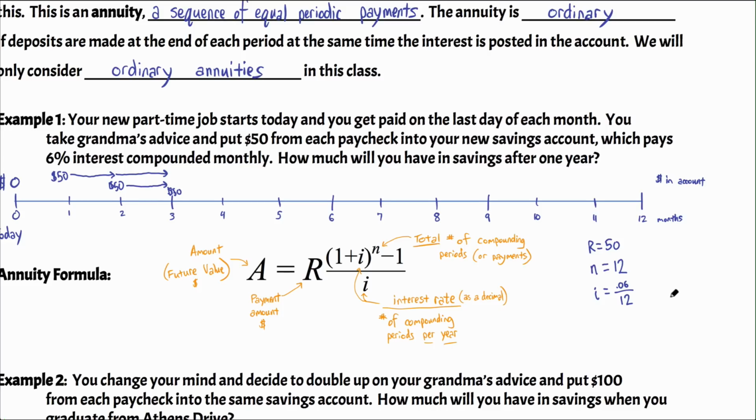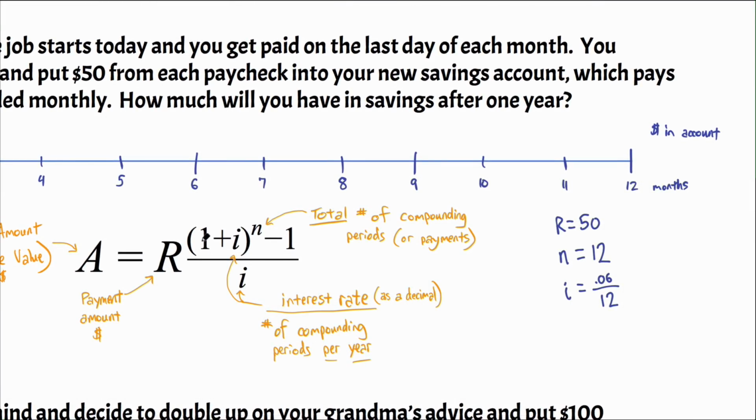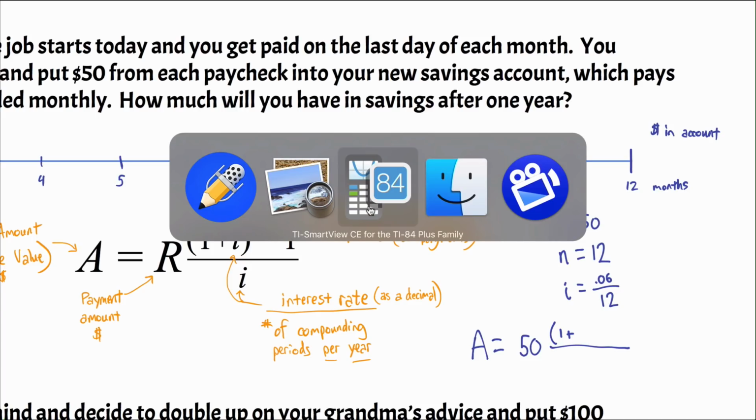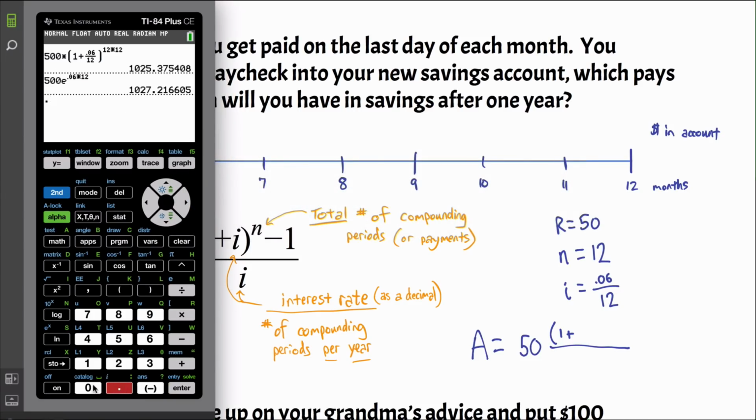Let's take these and plug them into our formula here. So we have our final amount equals 50 times, in parentheses, 1 plus 0.06 over 12. I'll go ahead and put that in my calculator and get a value for that. I've got 0.005. Notice this is without rounding.